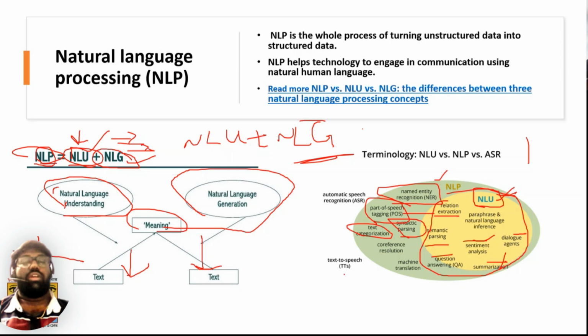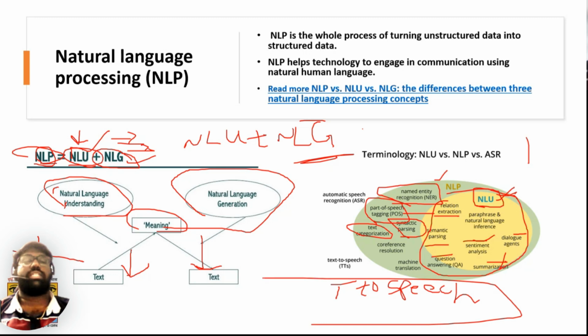So if we want to talk about text to speech, let's say first you speak something, or like Siri, you asked a question, Siri understood that, and then it gave you some response, but Siri has to speak.